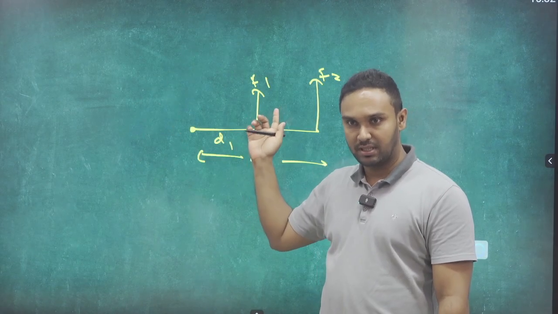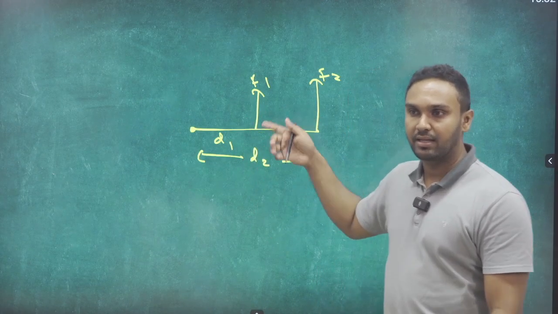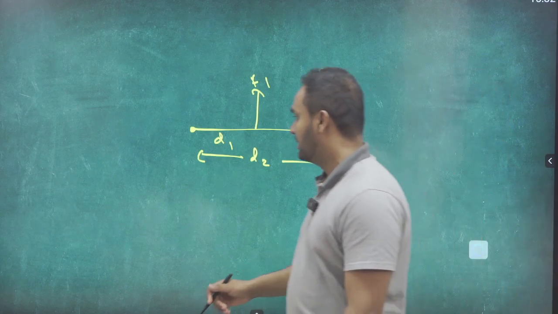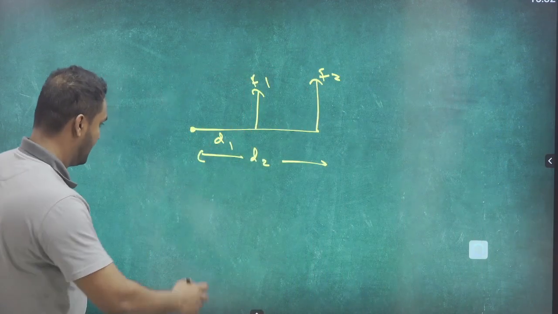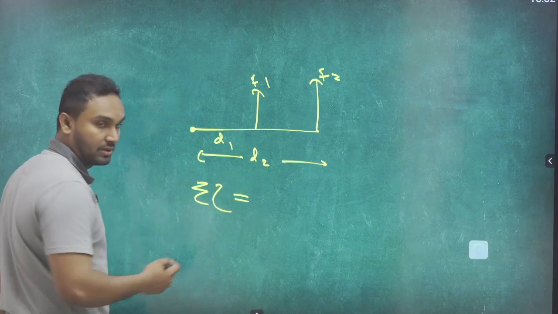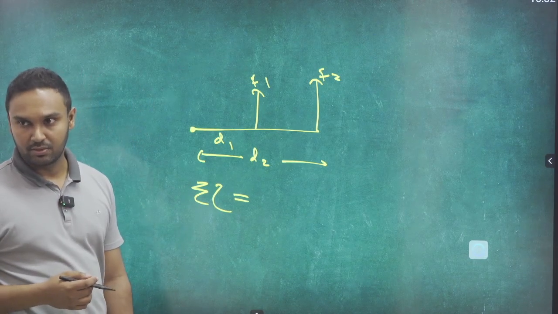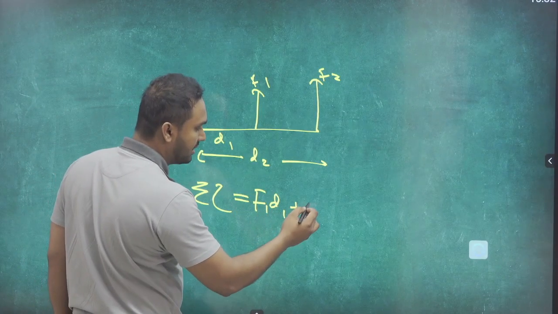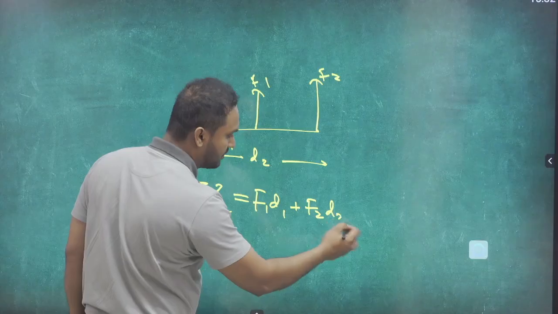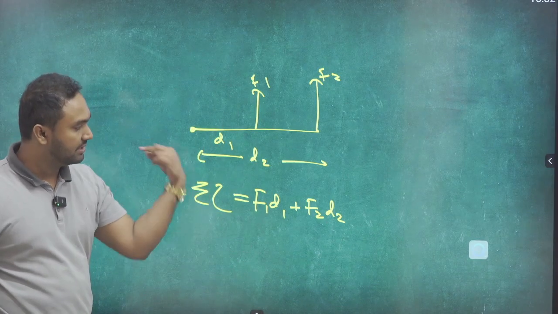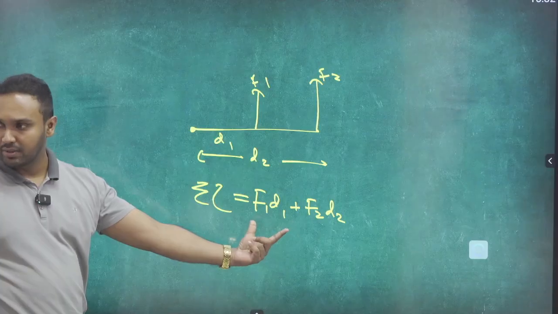Because two torques are there and acting towards the same direction. So the sigma torque, the resultant torque, would be F1 d1 plus F2 d2. Same as the forces, because they are acting towards the same direction, they are added together, right?